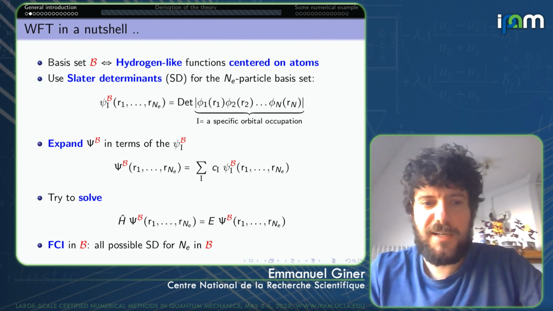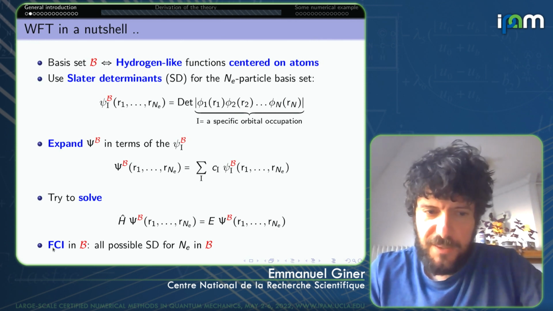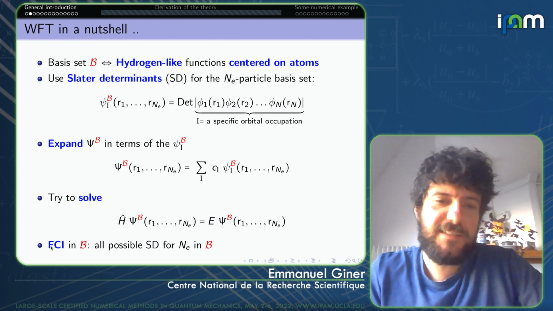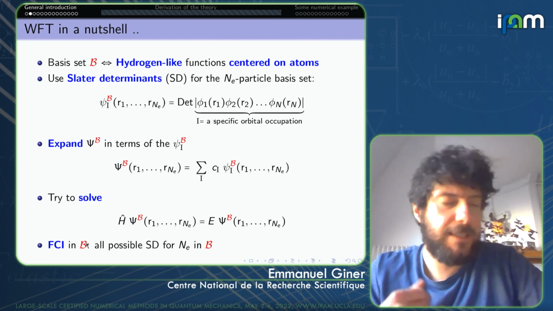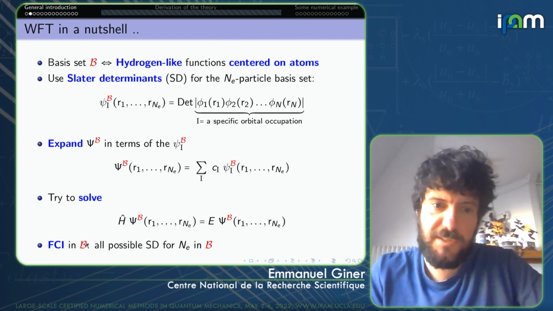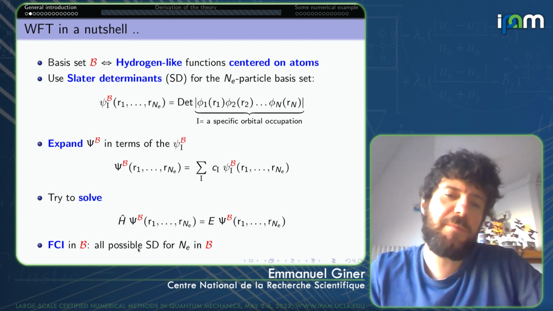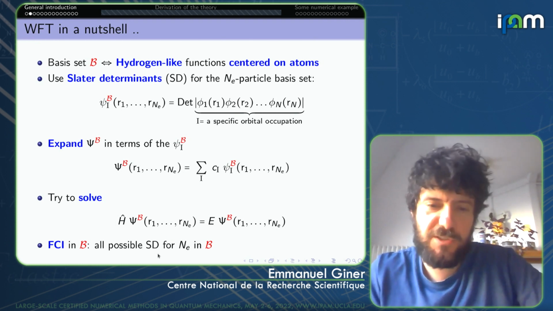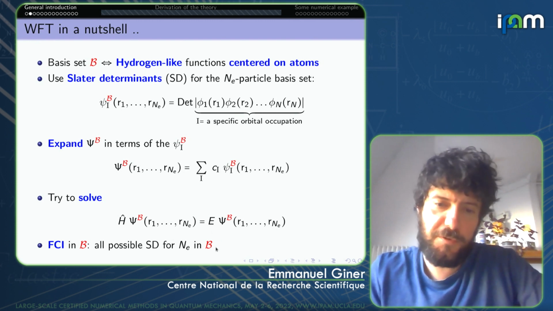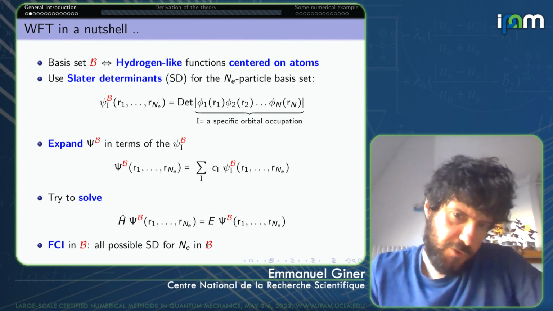Of course, this is nice as a target, but in practice, it's not feasible, or let's say it's feasible for few electron systems, because of course, the number of Slater determinants scales essentially exponentially with the number of electrons and the number of single particle basis functions.